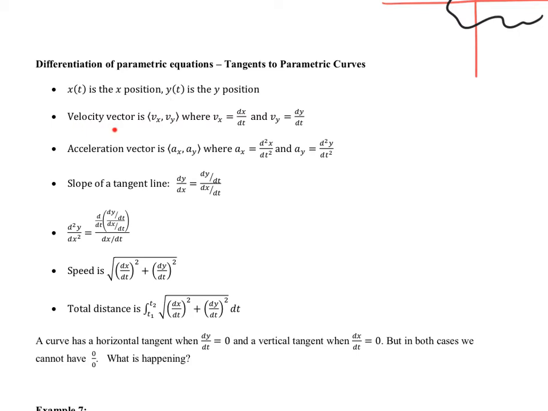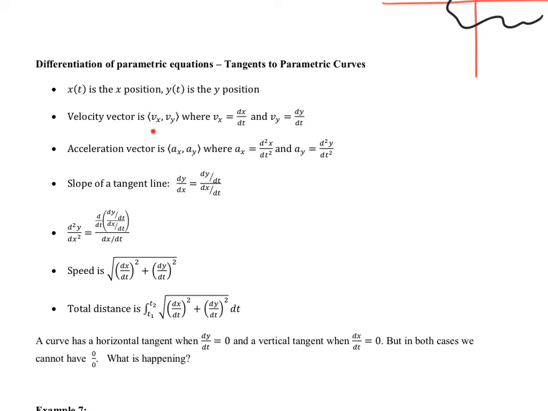The velocity vector has these interesting little brackets here. This is kind of standard. If you look at the IB curriculum, they often use a matrix style bracket where they put it vertically, but with our course and our curriculum, we're using these little brackets. This is not a set of parentheses, because that looks like an ordered pair.